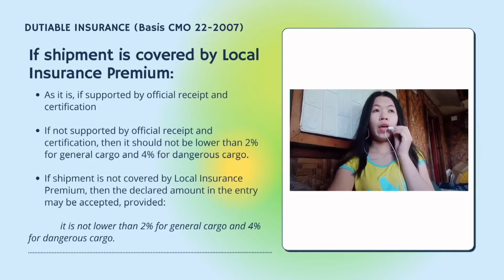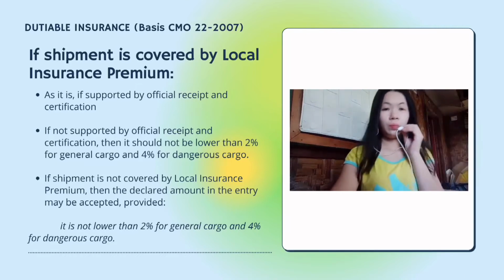So as I have mentioned a while ago, the insurance should not be lower than 2% for general cargo and 4% for dangerous cargo. So dapat dili siya mo lower anang duha. It's either one of the two, depending on what kind of insurance it is.